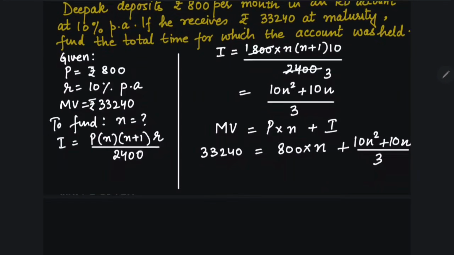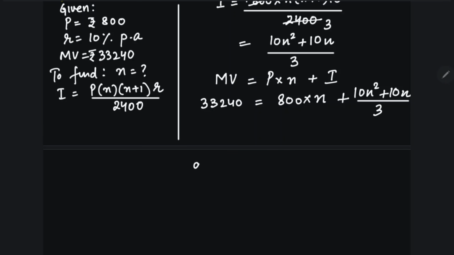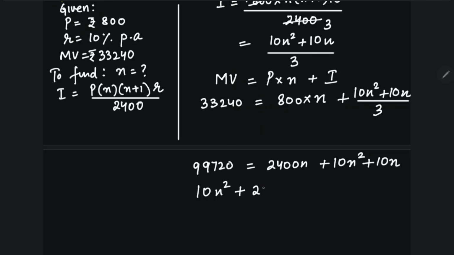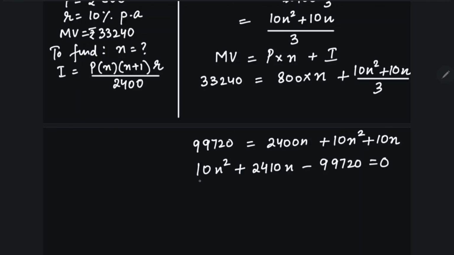Now take LCM. We have 99720 is equal to 2400n plus 10n square plus 10n. Now simplify it: 10n square plus 2410n minus 99720 equal to 0. Now you can see all the coefficients and constant are divisible by 10.